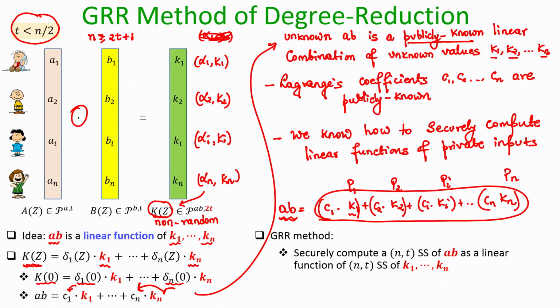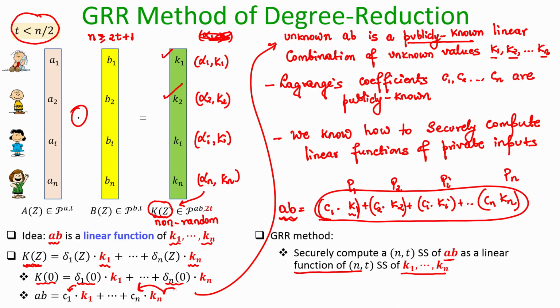We want to compute securely a secret sharing of AB as a publicly known linear function of secret sharing of k1 to kn. Right now the secret sharing of k1 to kn is not available, because k1 is not available in a secret shared fashion, it is available only with P1. k2 is not available in a secret shared fashion, it is only available with P2 and so on.